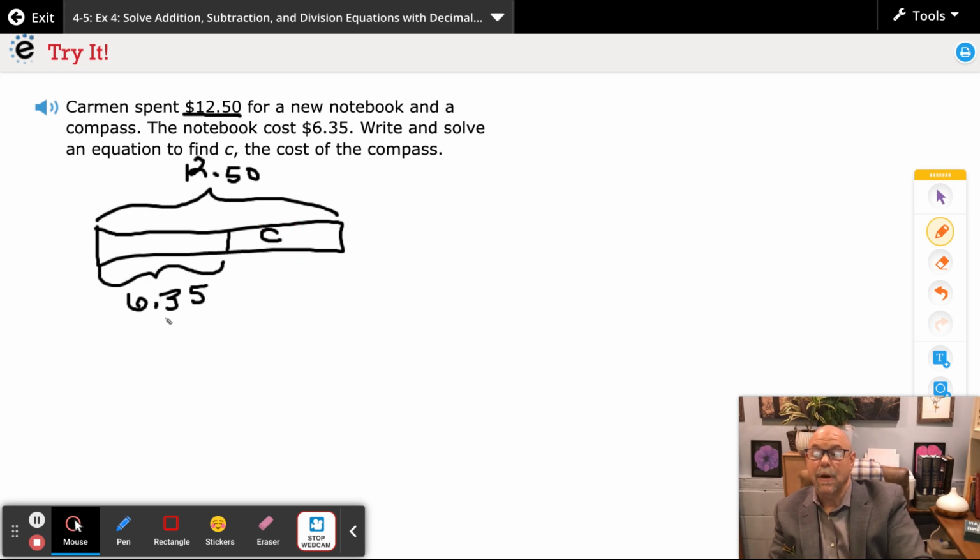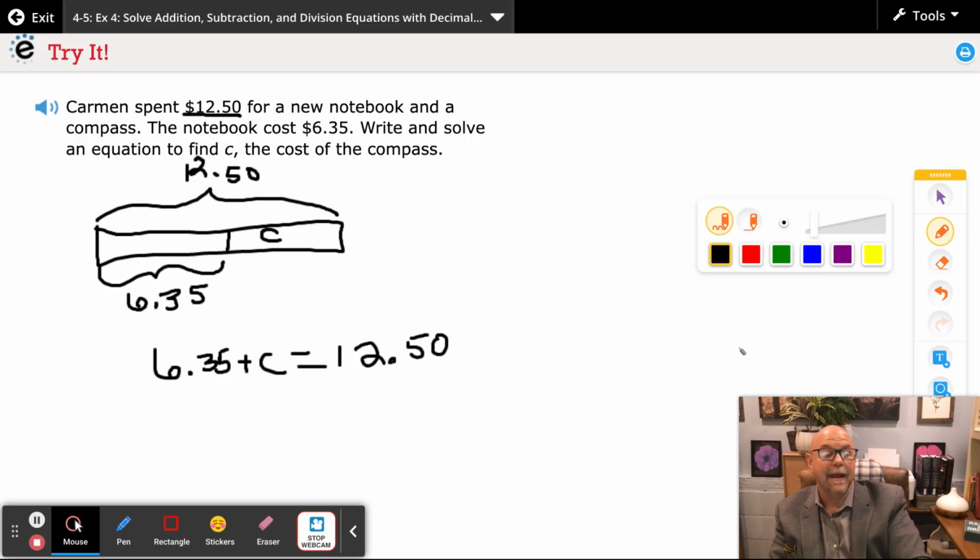But I do know that 6.35 plus C has to equal the total of what he spent, $12.50, assuming there was no tax and that kind of thing. So again, that's sometimes the hardest part.